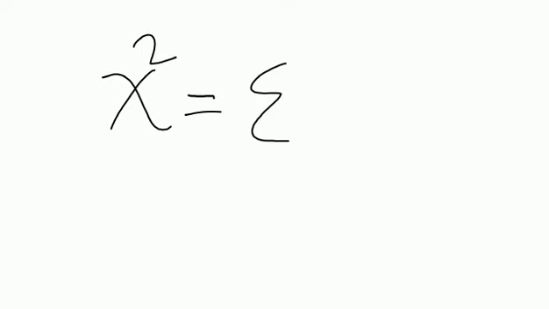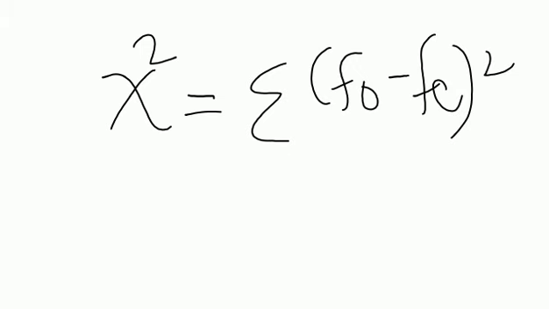So let us study the equation of the chi-square test. X square is equal to sigma, in brackets FO minus FE whole square, divided by FE. Understood?